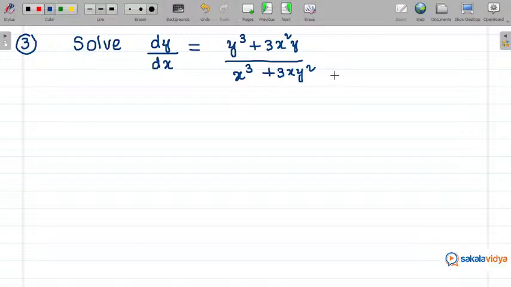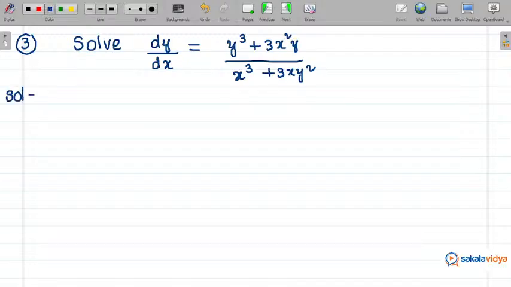So let us say y is equal to vx, then substitute dy by dx value and in the place of y write vx. After simplification, it will be converted to the variable separable form, so that after integrating, and again substituting the value of v, we get the general solution. So this is the general process to be followed. This comes under type 1 problem. Okay, let us solve this one now.